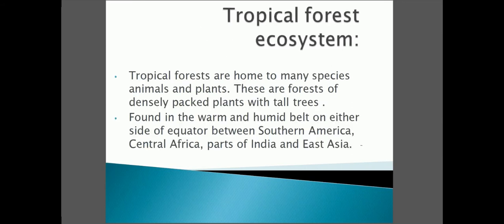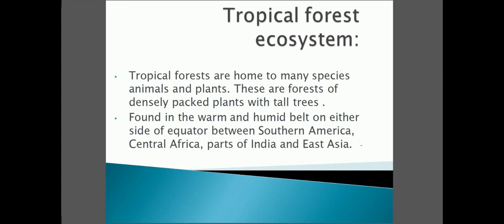Now, we can discuss the tropical forest ecosystem. Tropical forests could be the home of many kinds of animals and plants. They are very densely packed with very tall trees.